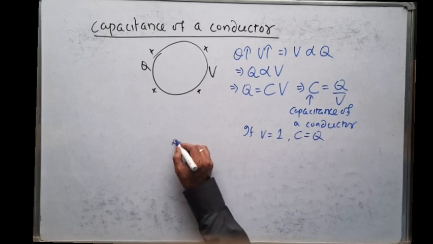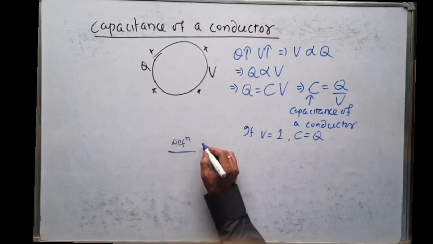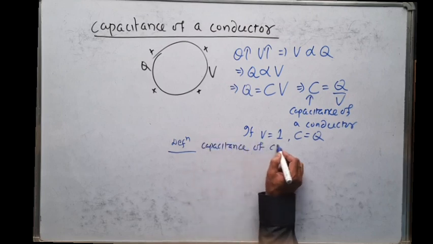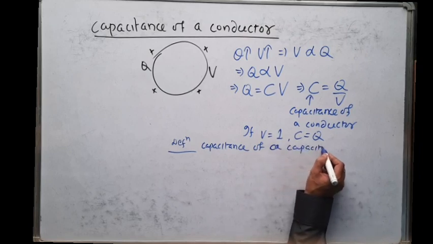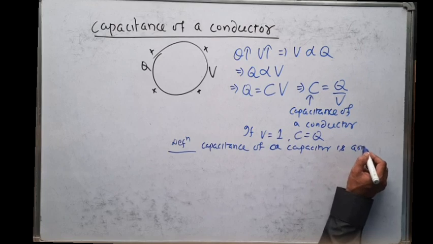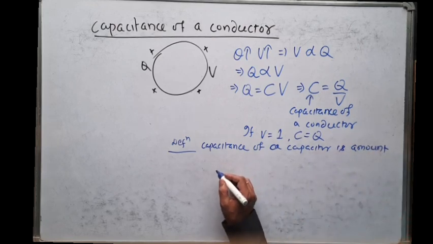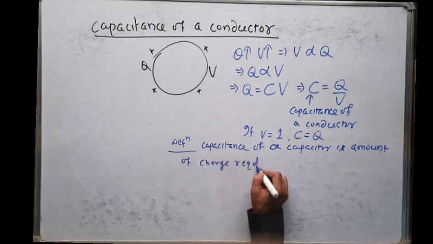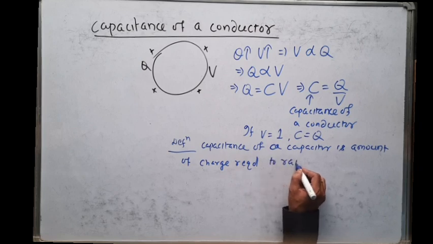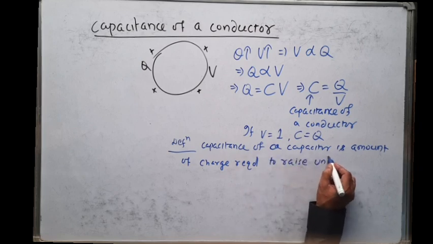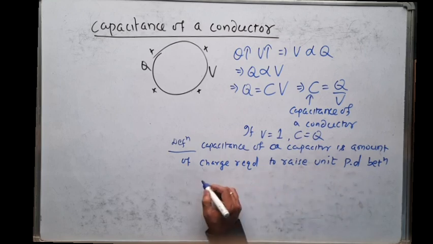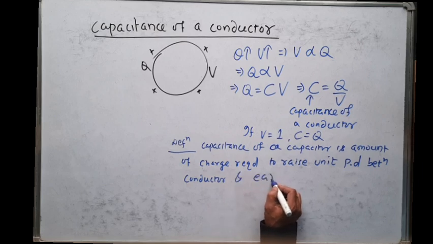So I can state the definition of capacitance: the capacitance of a capacitor is the amount of charge required to raise unit potential difference between the conductor and earth.